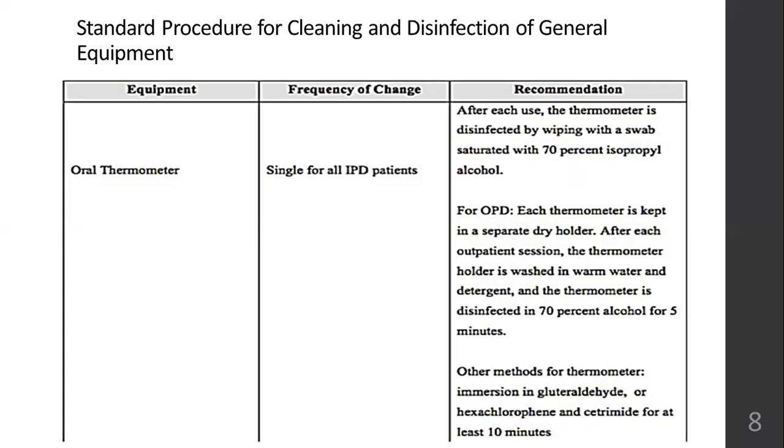So a set of thermometers are already kept. A thermometer holder will be there, and a set of a few thermometers will be kept in OPD. Okay. So together it will be washed, dried, and continue to be used throughout the OPD session.